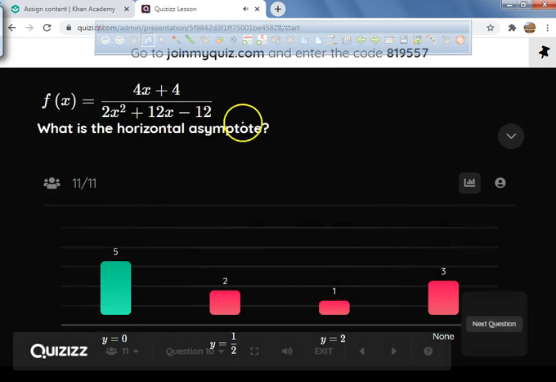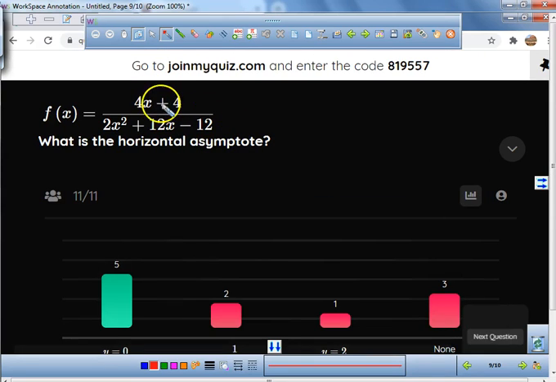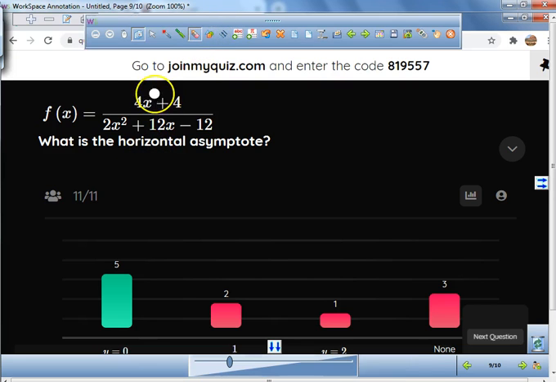Now, let me tell you, can I show you what none would be? Check it out. If this right here was to the power of 3 and that was to the power of 2, that would be no horizontal asymptote. However, there would be what's called a slant asymptote. So if this power up here is a 5 and that's a 2, see how that's greater? That would be none.